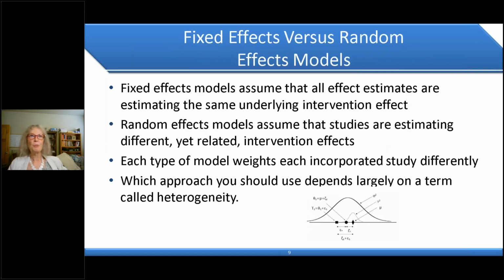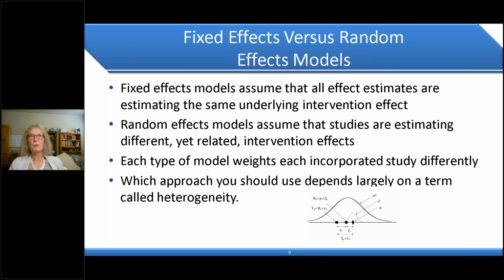So let's begin by talking about what fixed effects and random effects models are. Fixed effects models basically assume that the estimates come from the underlying intervention effect, and they're all roughly the same. Random effects assume that the studies are estimating different intervention effects. They're all related, but they're all a little bit different. In other words, they're a little more heterogeneous.